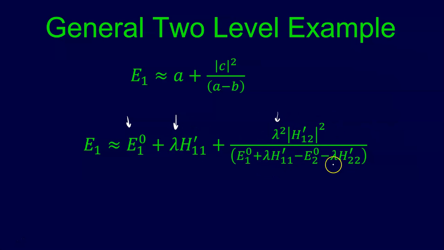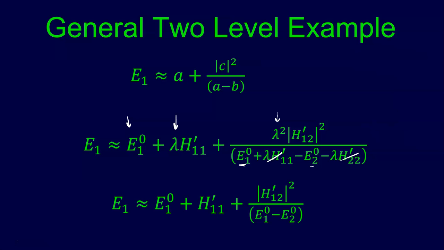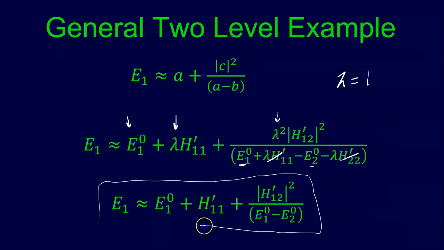And inside here, since we're adding these really big terms with the little terms, I can just cross these guys out. Just say, well, they're probably pretty small. They're not going to make much of a difference. And so when I do that, and then I just set that lambda equal to 1, since it's just a placeholder, I get this here, which, if you go back a few slides, is exactly what we wrote down from perturbation theory. So hopefully that's cool.